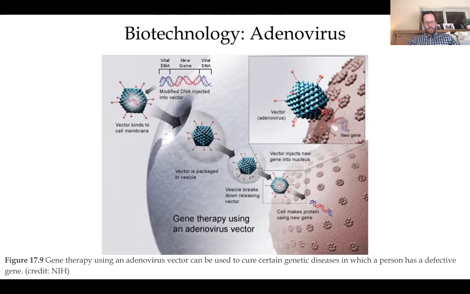And there was a really unfortunate event that happened at, I think, UPenn, where a young male in his 20s, I believe, died as a result of lentiviral treatment. And so that really put the brakes on this as a source of genome editing in humans. And so like I said, it's still used in research on cells and stuff, but not really so much as a gene therapy in genetic diseases because of that situation.